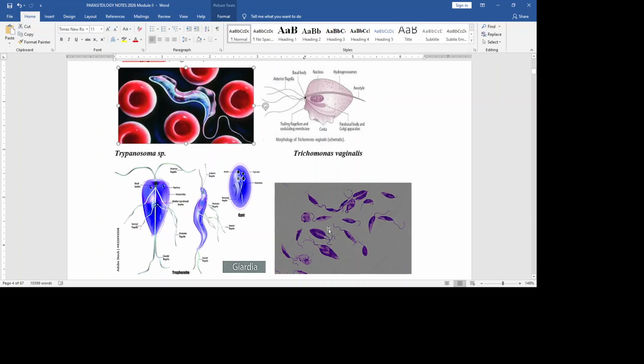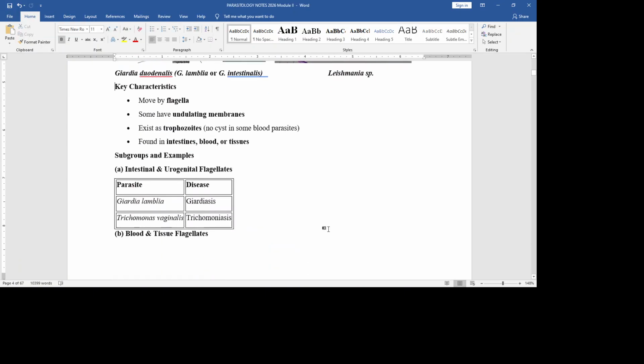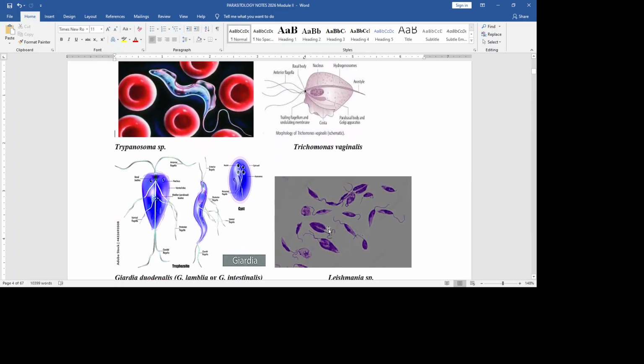Then when we look at the fourth one, this one is a plate that contains the Leishmania, which causes a skin infection, which we'll study later.